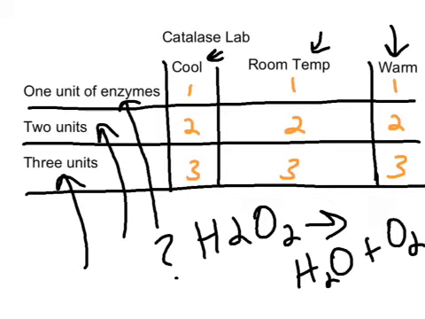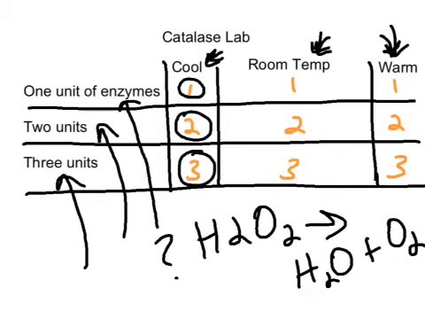There were 3 trials for each temperature, because you had to see what was going to happen with one unit of enzyme, what was going to happen with 2 units of enzyme, and what was going to happen with 3 units of enzyme in each temperature.